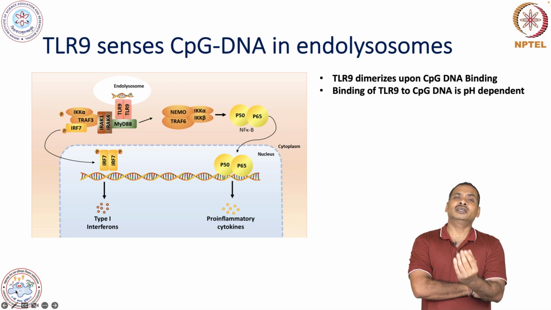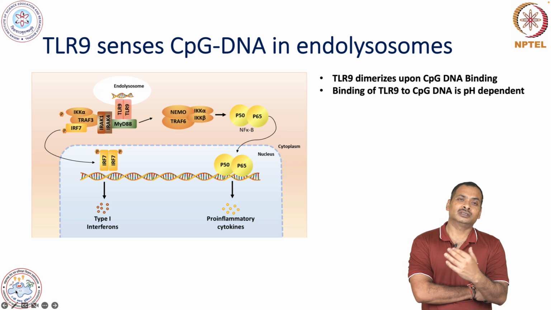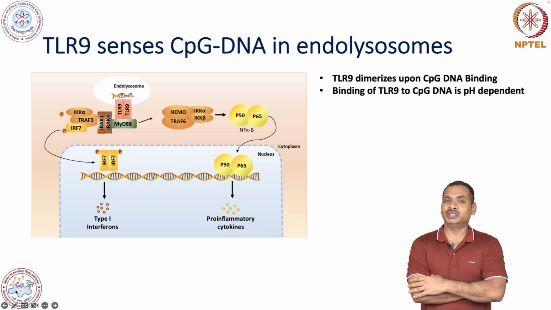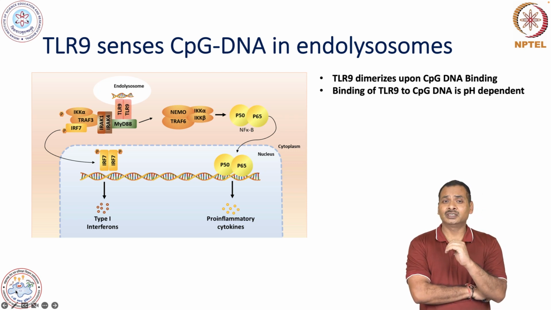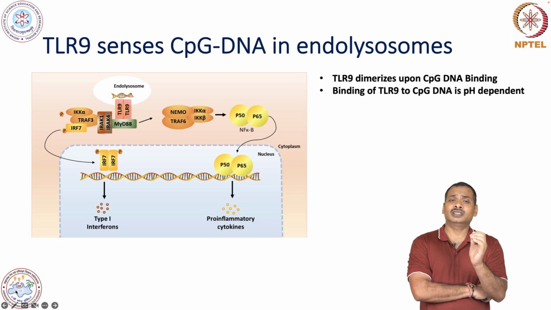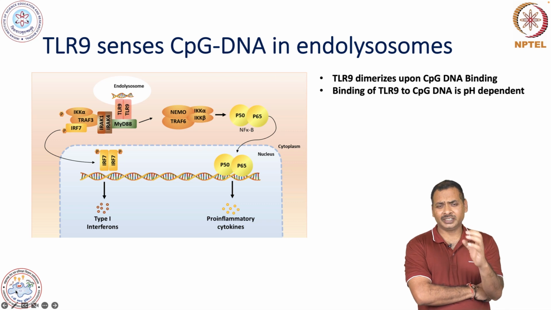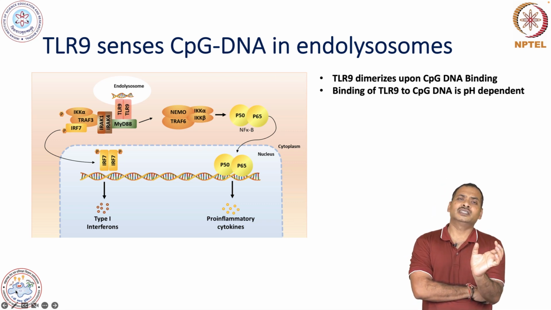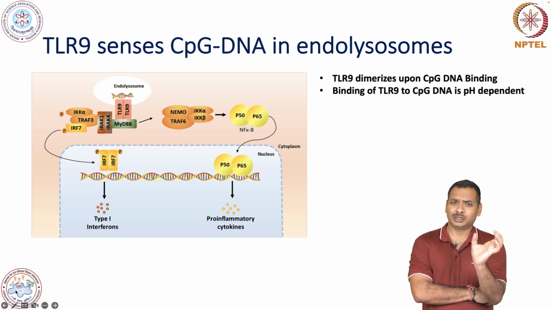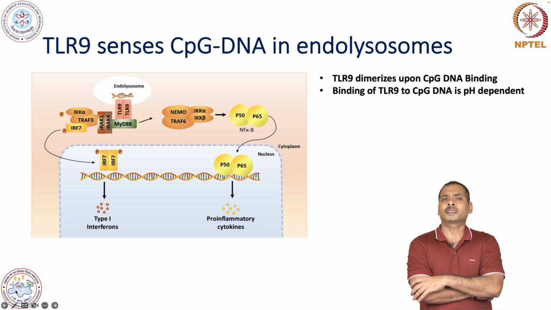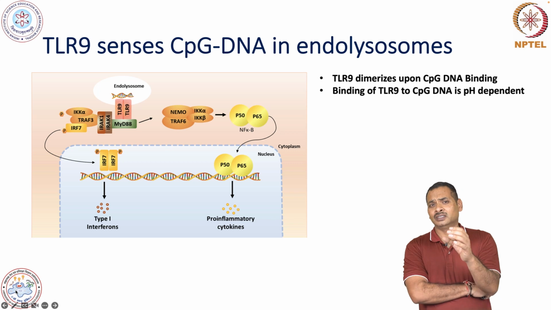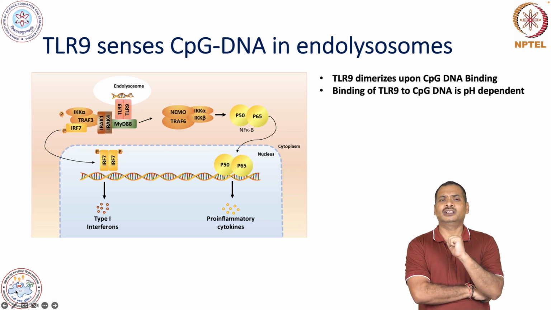There are some enzymes known as cathepsin family proteins. They are proteases. These proteases cleave the native receptor TLR9, and after cleavage this protein senses the CpG DNA; this is the active form of TLR9.